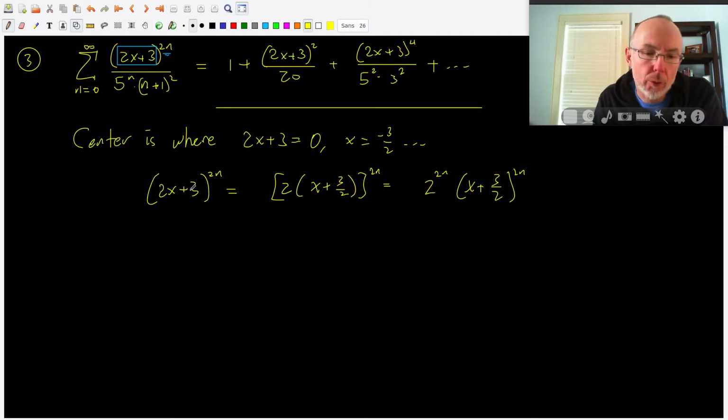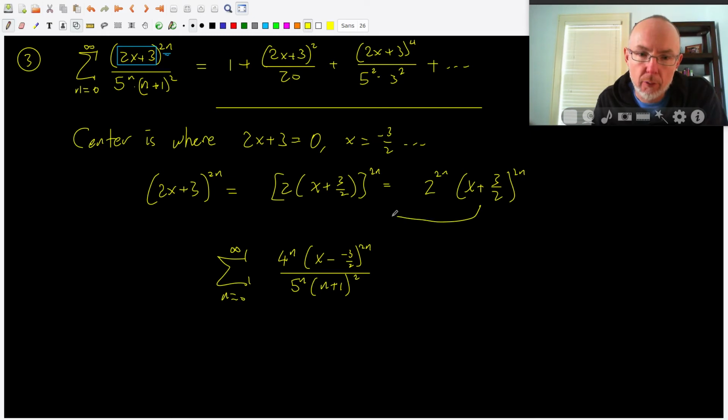That whole series could be rewritten like this. I've substituted that in, and you can explicitly see what the c value is. I've written x minus negative 3 halves instead of x plus 3 halves. And 2 to the power of 2n is 2 squared, which is 4, to the power of n. So there's the 4 to the power of n. These two series are the same.